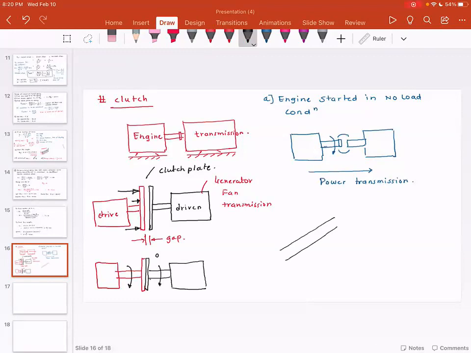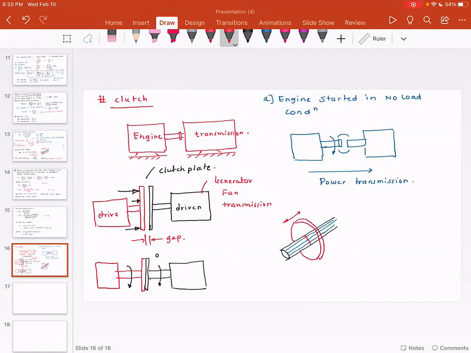You have a shaft, and this shaft is splined. This is a spline shaft. On the spline shaft, you have a plate, which again is also splined, and this plate is allowed to slide back and forth by a teeny tiny amount.